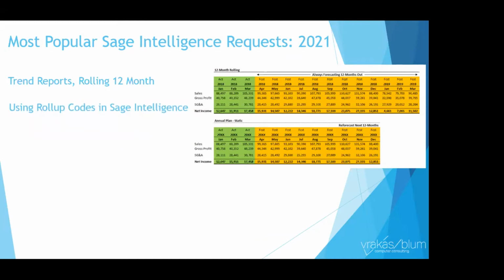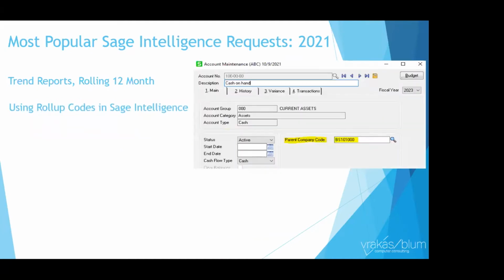Next one, Rollup Codes. In Sage 100, if you haven't visited what Rollup Codes are and how they can help a business organize their general ledger accounts, it might be time to do so. I have had a lot of Sage Intelligence requests that the Rollup Code just solved the whole issue.